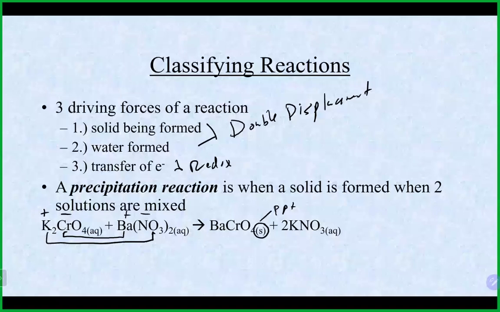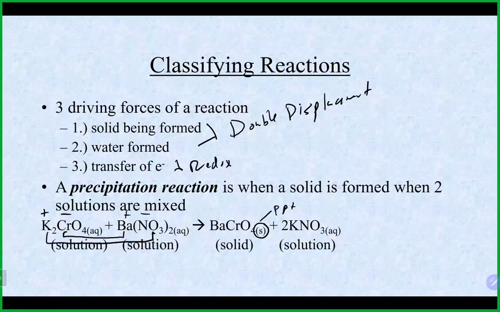It is still really a double displacement reaction in this particular case. Now, this one here, where we have something like K2CrO4 and BaNO3.